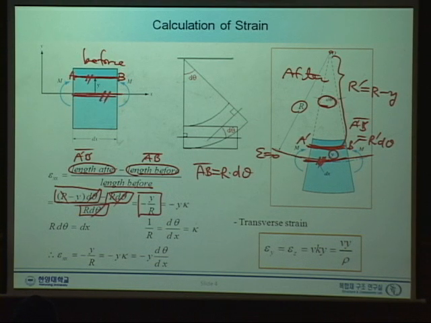And K is called curvature, usually defined as 1 over R. So anyhow, epsilon xx, the x-directional strain, is obtained as minus y over R. And do we know this R? We don't know yet. This R is surely caused by what?